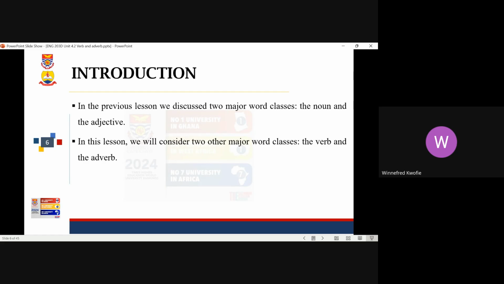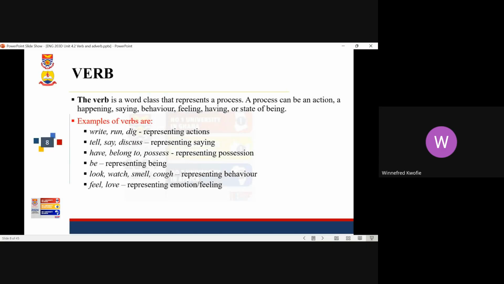All right, so we have just finished discussing two of the major word classes, that is nouns and adjectives. So we move on to look at the other two, verbs and adverbs, beginning with verbs.